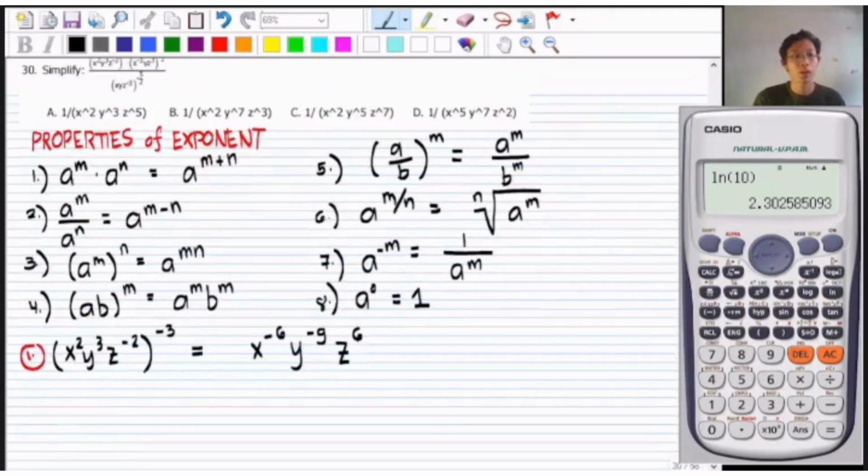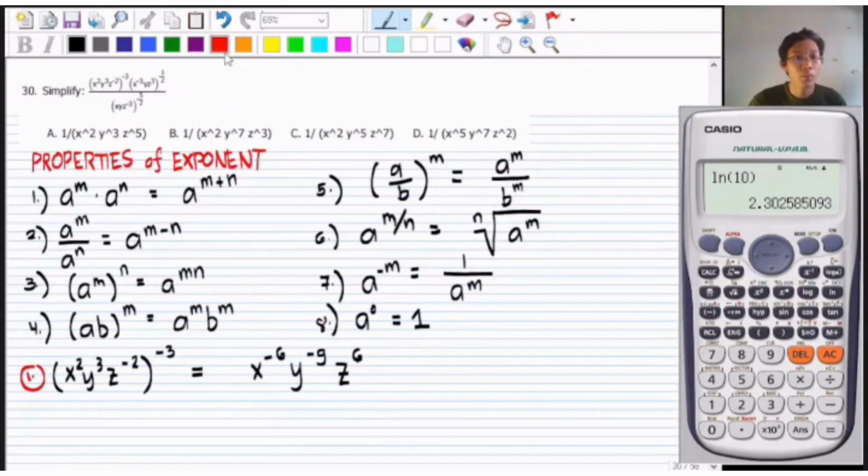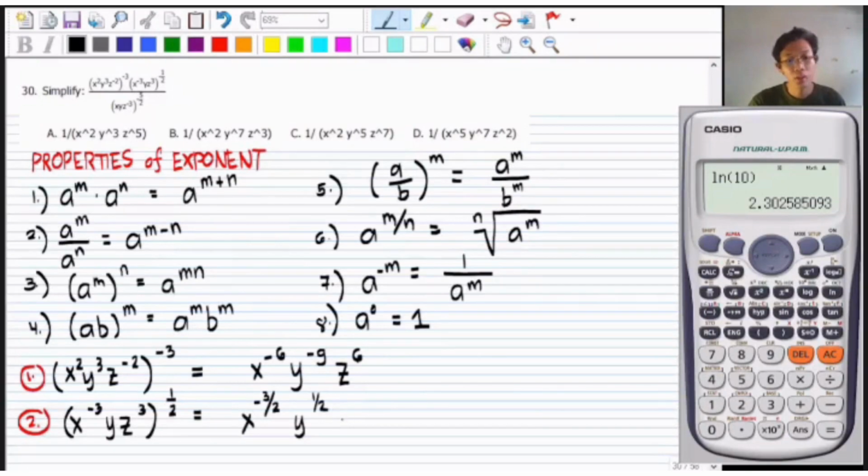Okay, then sa pangalawa naman, simplify rin natin. X raised to negative 3 times y times z raised to 3, 1/2. Okay, property number 3 ulit. X raised to negative 3 halves, y raised to 1/2, z raised to 3 halves.